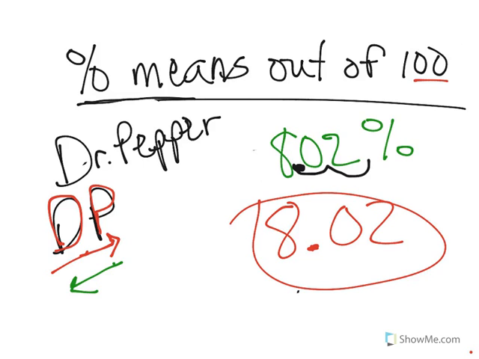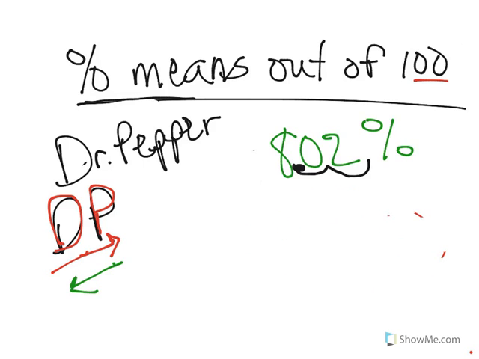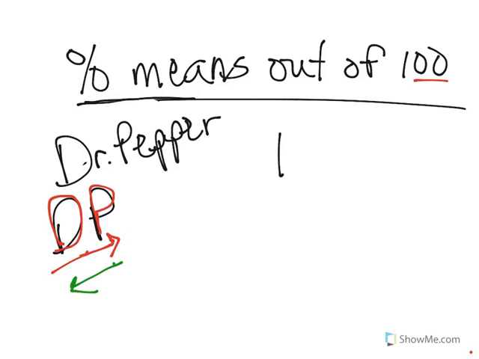So let me give you just one more. Go with 19.2%. 19 2/10%. Okay, I want to convert this into a decimal.